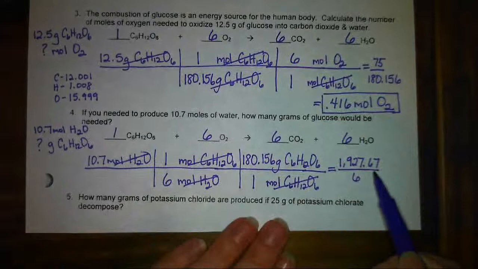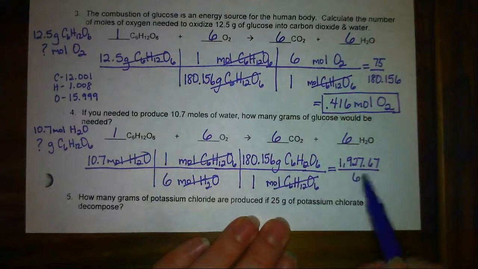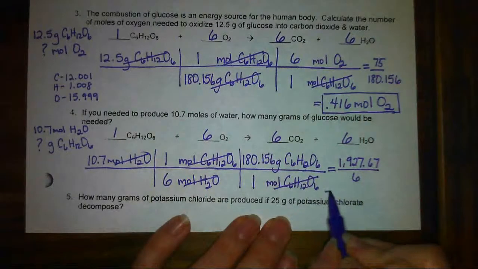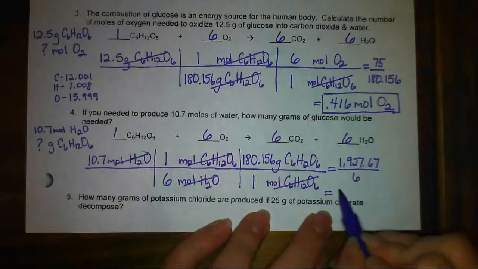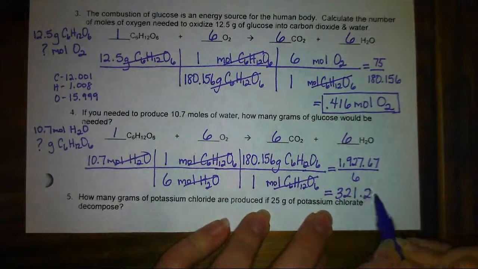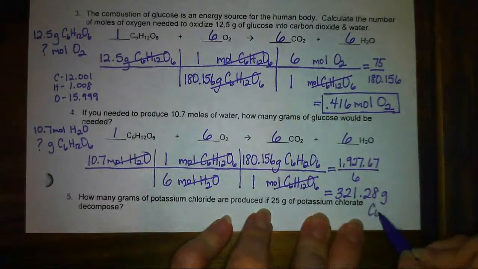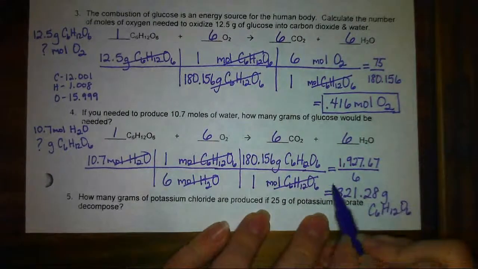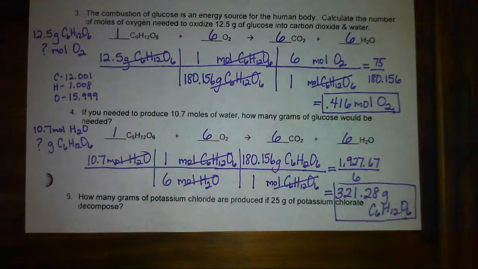Now, with your calculator, you don't have to write down this step. If you can go directly from multiplying your tops, dividing by your bottoms, and getting to your final answer, you can do that. So my final answer, 321.28 grams of glucose. I'm going to squeeze in my units there. That is my final answer for this problem.